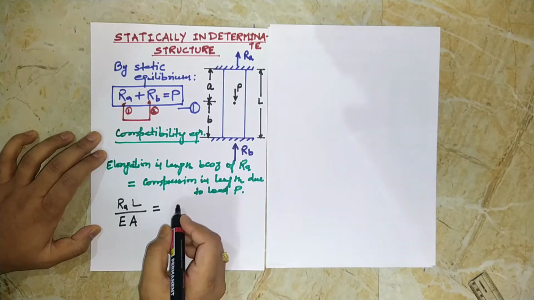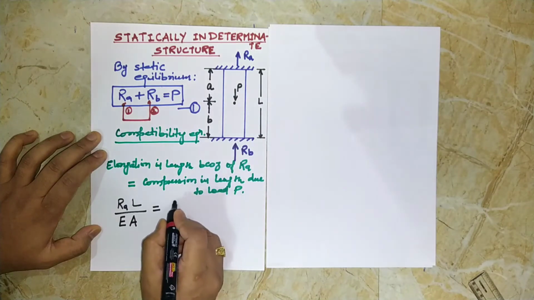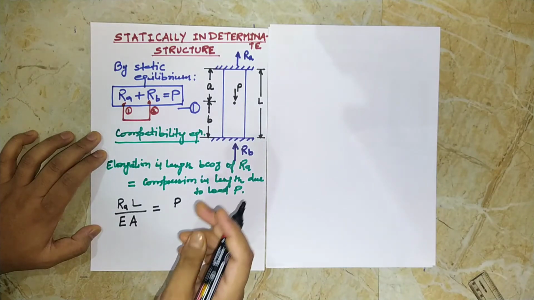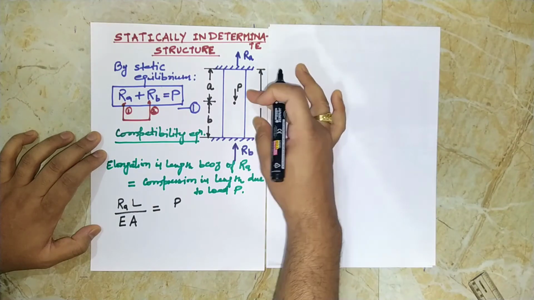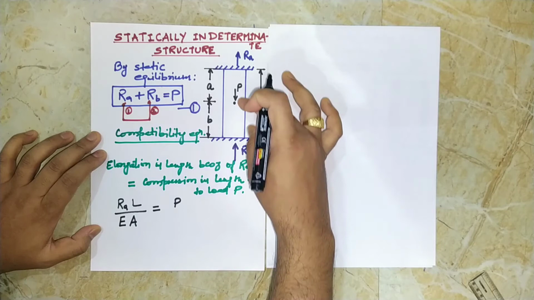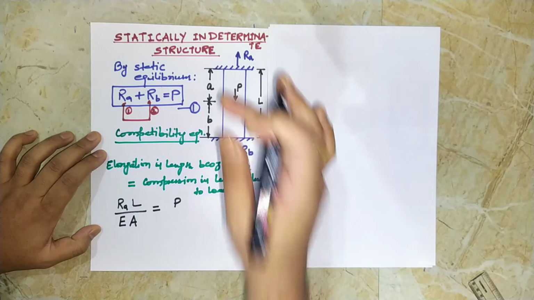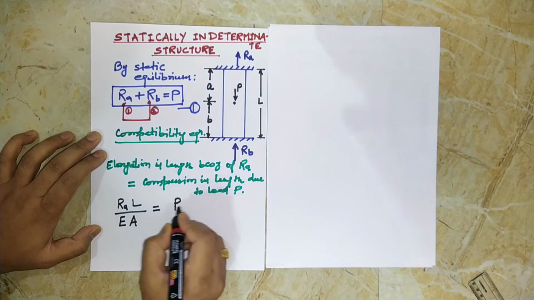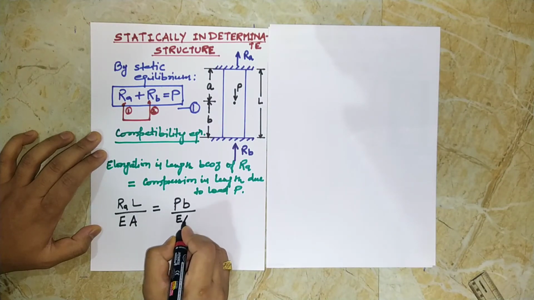What will be the compression? Again, the change in length is PL upon AE. Here the load applied is P, but it is applied only on this stretch of the bar, because this other stretch of the material does not get affected. So the load is P and the length is B, upon Young's modulus into area of cross section.